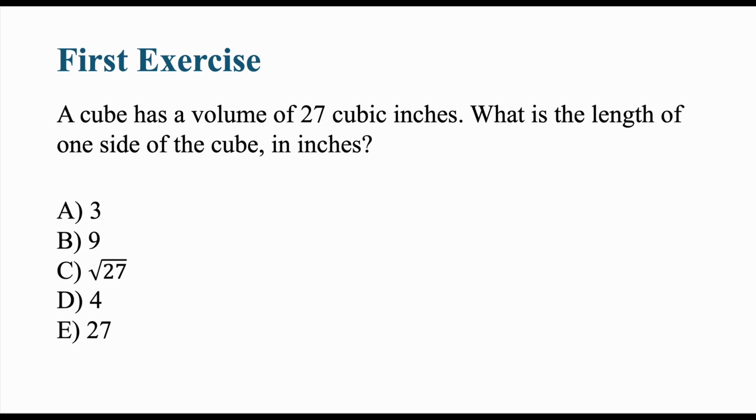And if a to the power of 3 is 27, then we need to take the third root of 27, and this is 3. You should know this by heart. Therefore, answer choice A is the correct one.